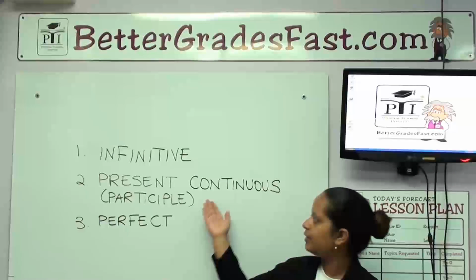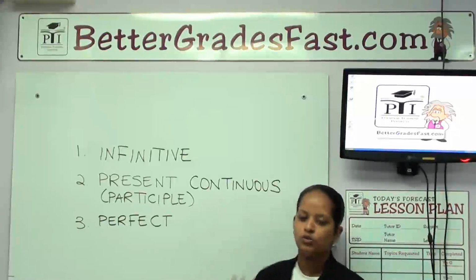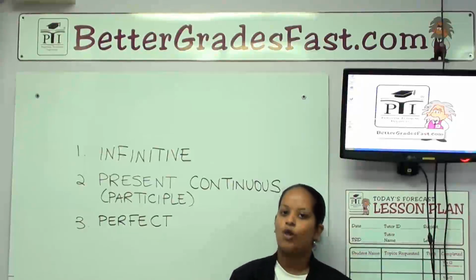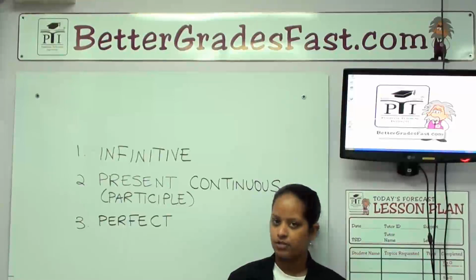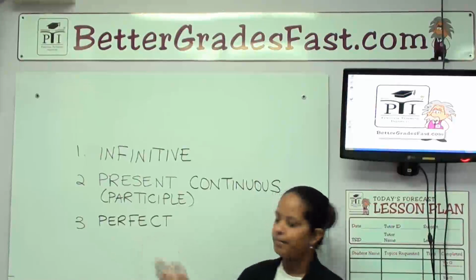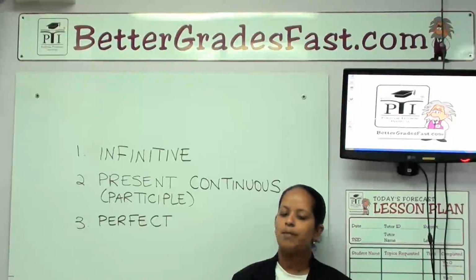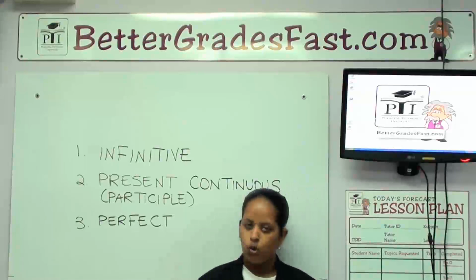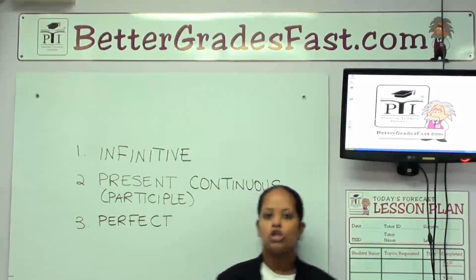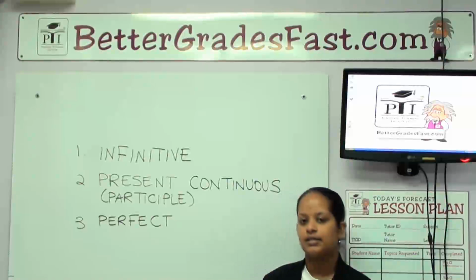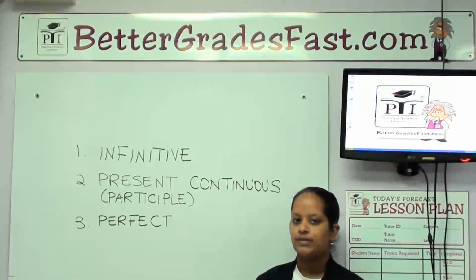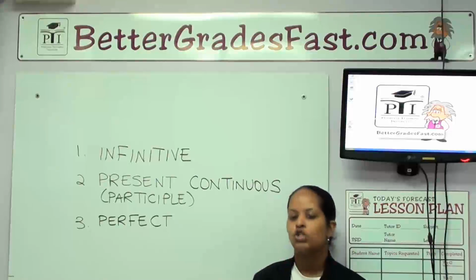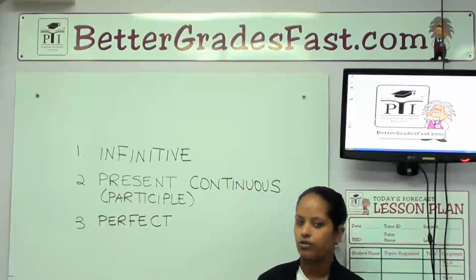Unlike in number 2, which used the present participle, or the ing form of the verb, your perfect tense uses the past participle, which in English usually ends in the letters en. For example, spoken, written, driven, etc.